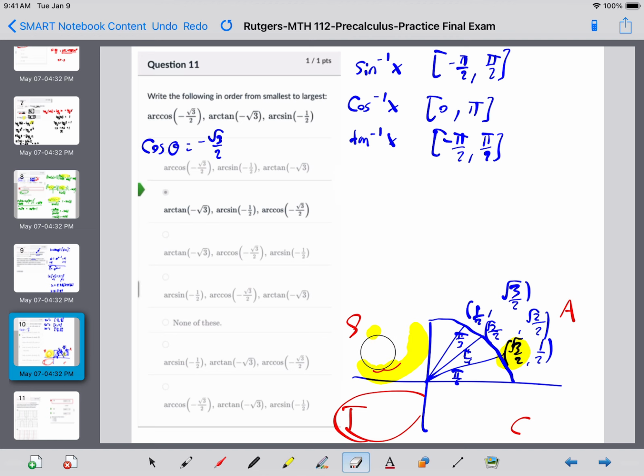So we're looking for this angle with a reference angle of pi over 6, you would take pi and subtract pi over 6. Pi is the same as saying 6 pi over 6, which would be 5 pi over 6. So this is 5 pi over 6.